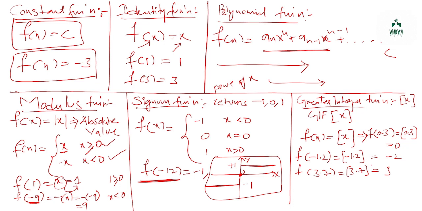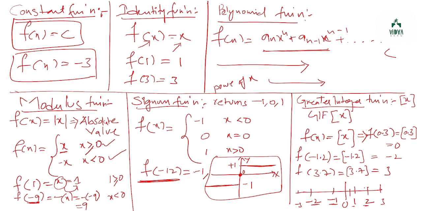You understood? On the number line we have 0, +1, +2, -1, -2. -1 is greater than -2, -2 is greater than -3, and 1 is less than 2, 2 is less than 3. So if I take 0.9 or 0.5, the greater integer function gives 0.